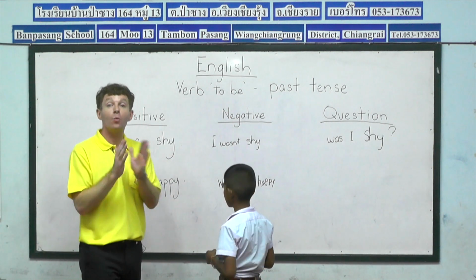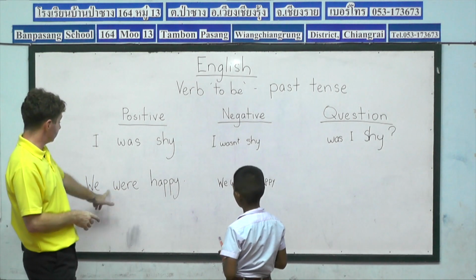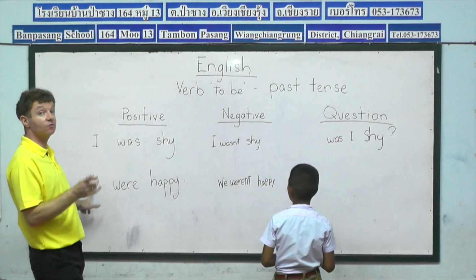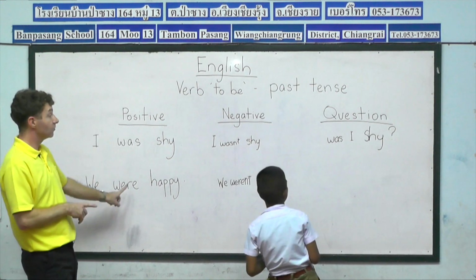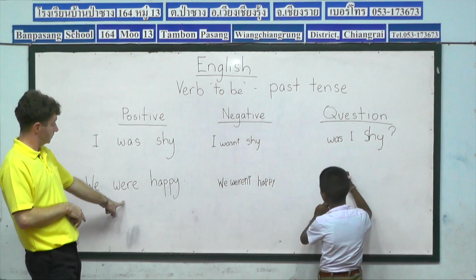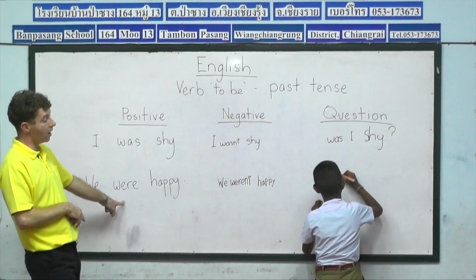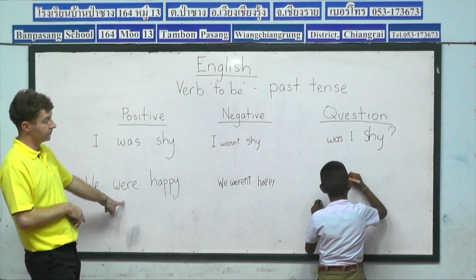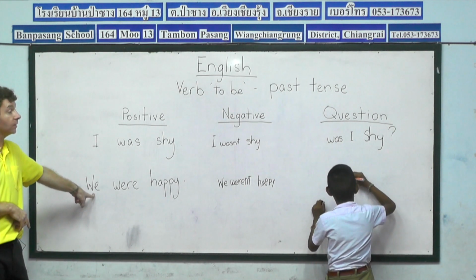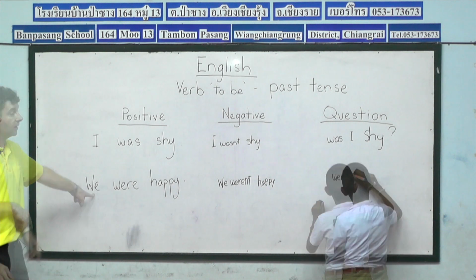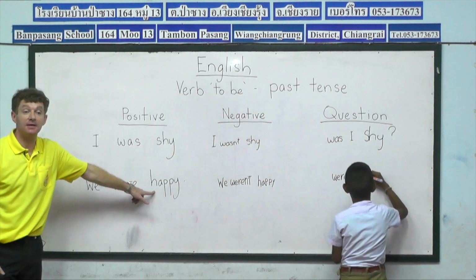And now we need our question. So what we need to do, Pat, is we take the first two words of the positive statement and swap them. So were, W, E, R, E. Were, we, W, E. Were we happy?